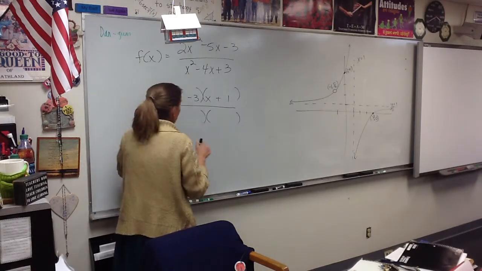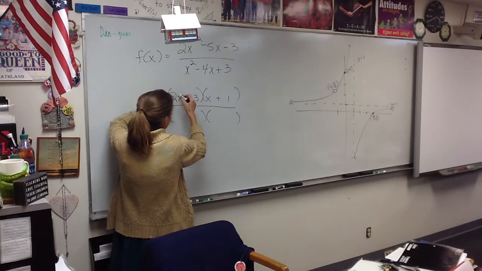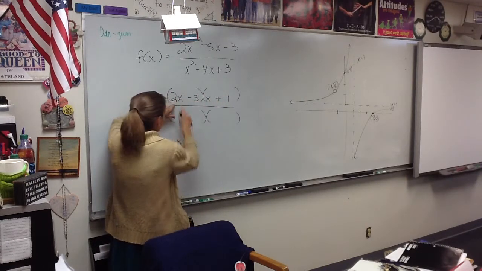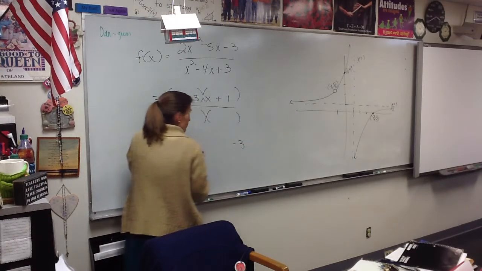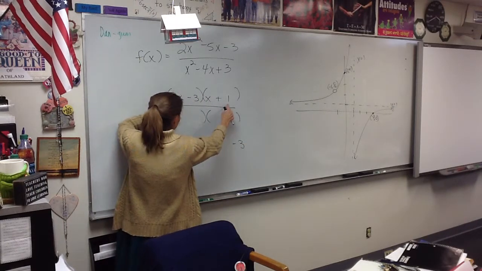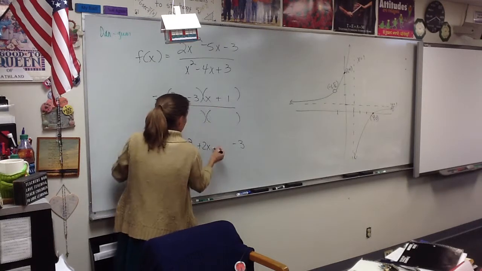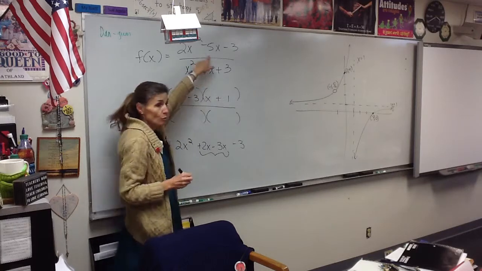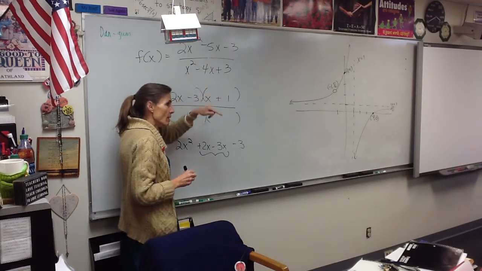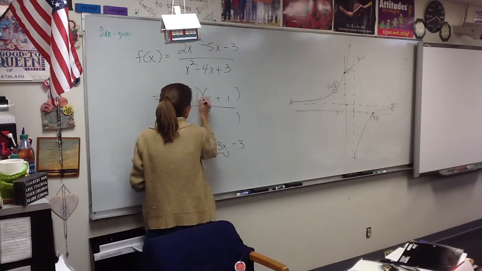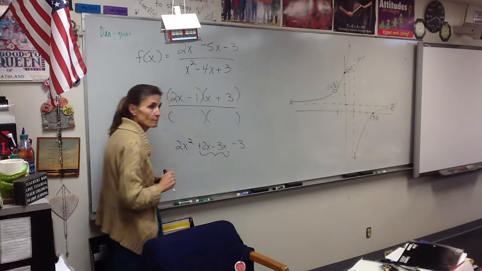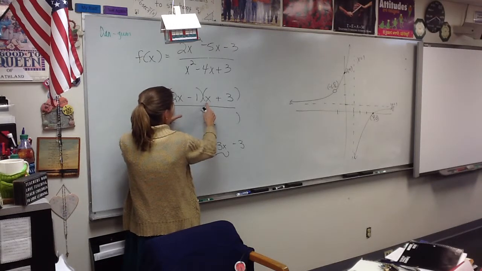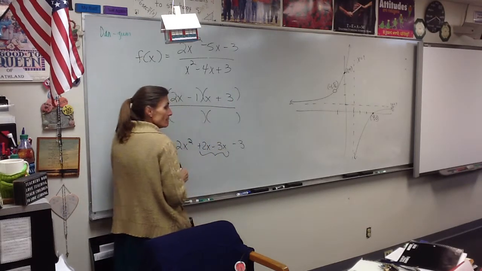However, some of you have noticed, Mrs. Ford, when I actually do FOIL this, I get my 2x squared at the front, and I get my minus 3 at the back. But in the middle, I would have a 2x minus a 3x. That does not add up to 5. Okay, that must mean I put these two numbers in the wrong spot. Now, I still have my 2x squared and I still have my negative 3.